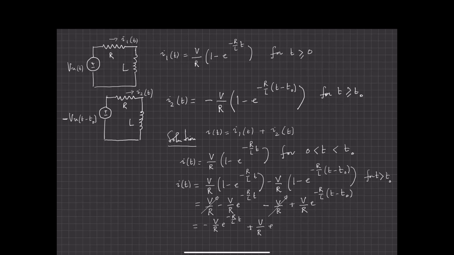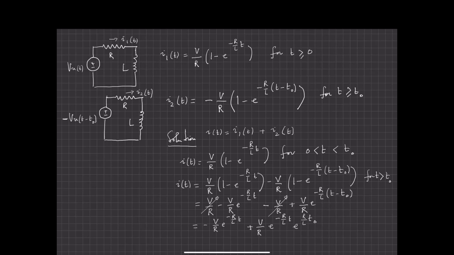It's e to the power of minus R over L t times e to the minus times minus is a plus, so that becomes a plus e to the R over L t naught.